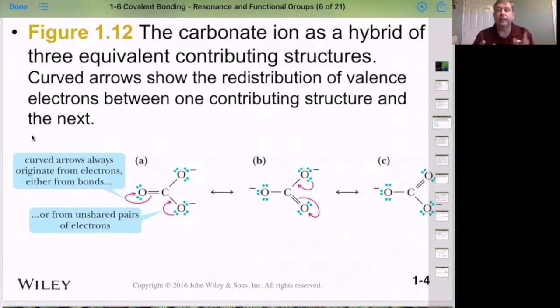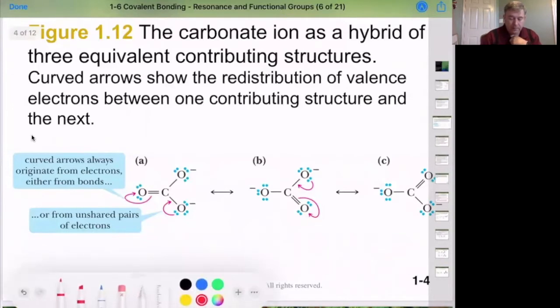All we're going to do is move electrons around. And if we can move electrons around to give us equivalent structures, then we have the possibility of resonance. So we're going to just move electrons to show the three different structures that would contribute to this carbonate ion.